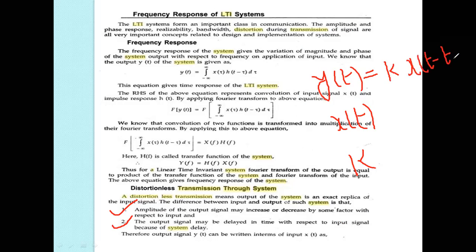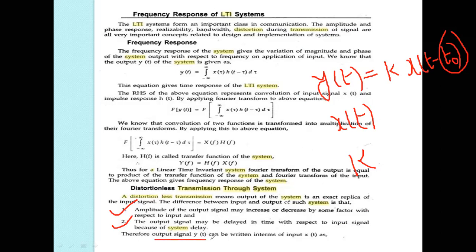That is x of t minus t naught, where t naught is the delay. Due to the system delay only, the output signal may be delayed in time with respect to the input signal.